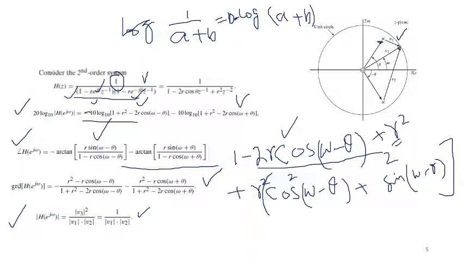So in the pole vector case, the magnitude will be equal to the magnitude of the 0 vector, and because we have two different poles, v1 and v2, divided by the magnitude of the v1 vector into the magnitude of the v2 vector. I hope that's clear, right?